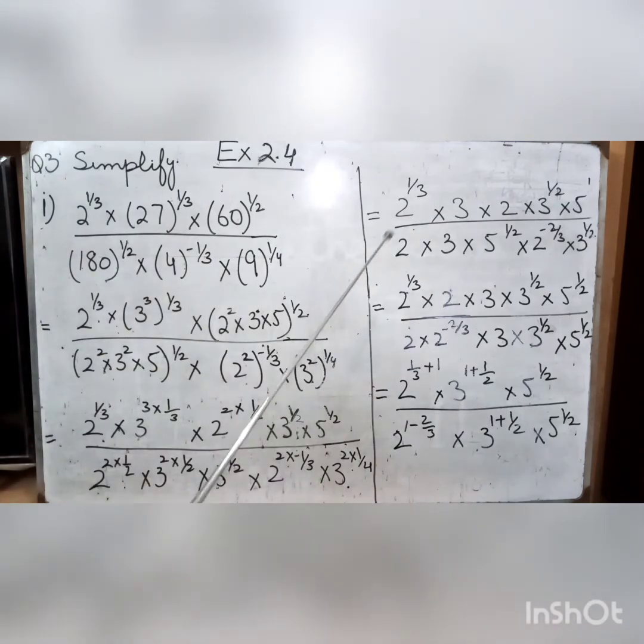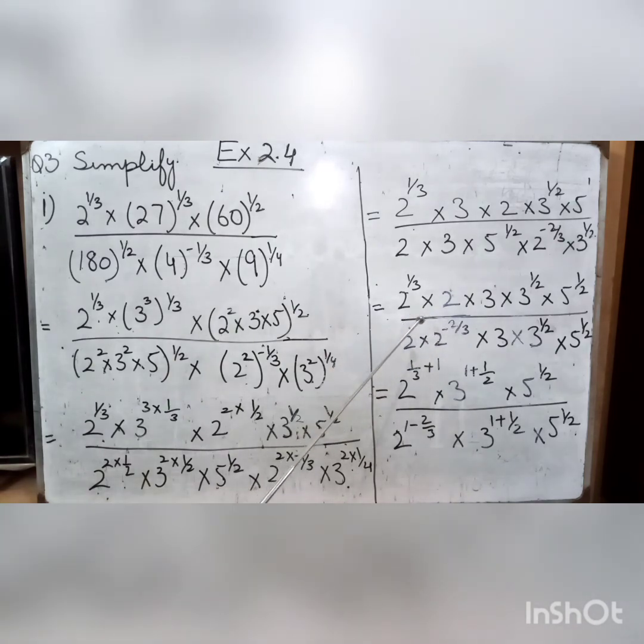So, after simplification, we have 2 raised to power 1 over 3 multiplied by 3 multiplied by 2 multiplied by 3 raised to power 1 over 2 multiplied by 5 raised to power 1 over 2, over 2 multiplied by 3 multiplied by 5 raised to power 1 over 2 multiplied by 2 raised to power minus 2 over 3, 3 raised to power 1 over 2. Now arrange the numerator and denominator.